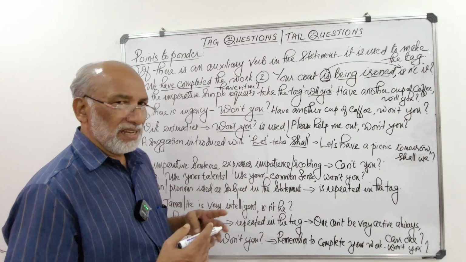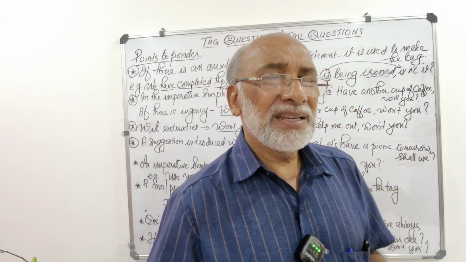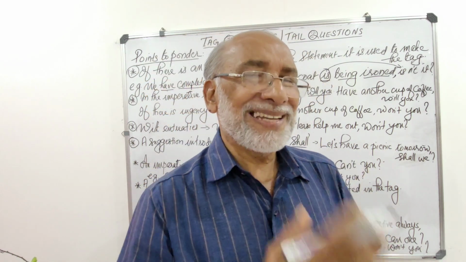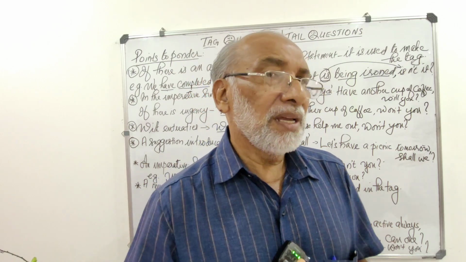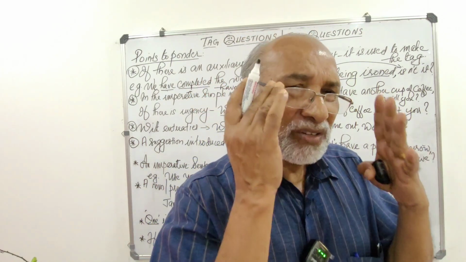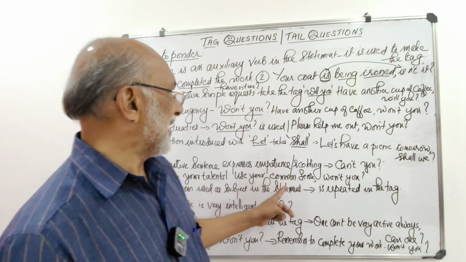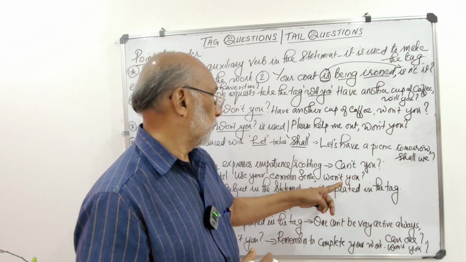That is an expression of impatience. Somebody is doing something and he doesn't seem to perform up to your expectation. Then you tell him or her, okay, use your talents, use your common sense.